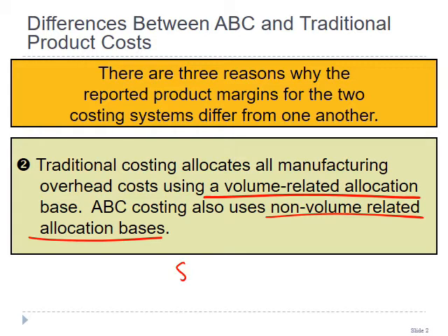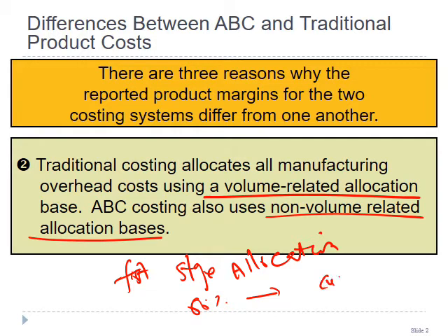When we started the first stage allocation, 60% belongs to the customer activity cost, right?